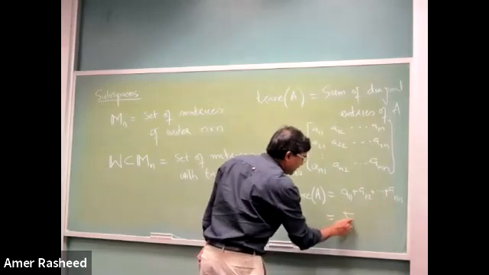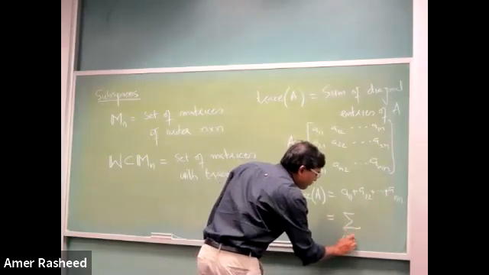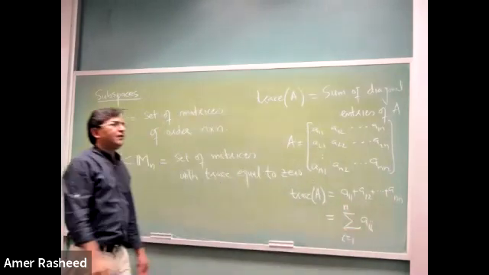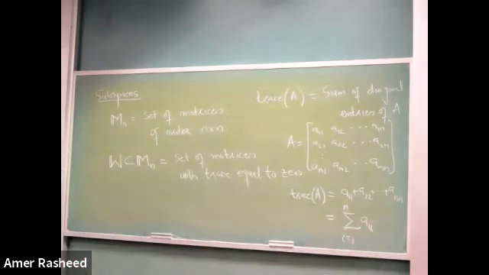We can write it in short form as well, the sum over i from 1 to n of Aii. This is how we define the trace of any square matrix.